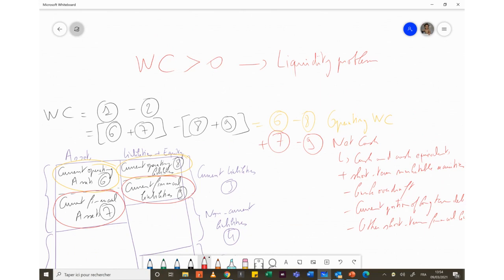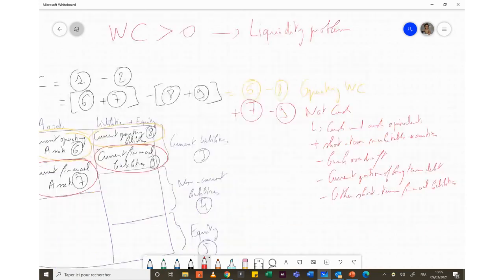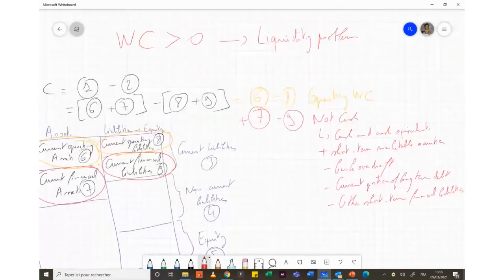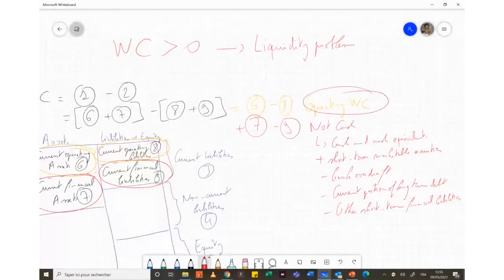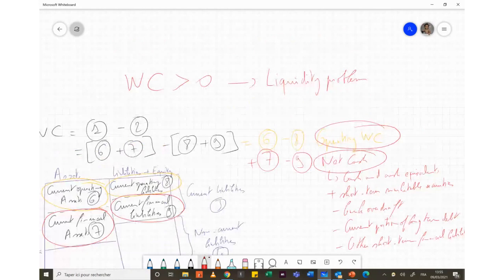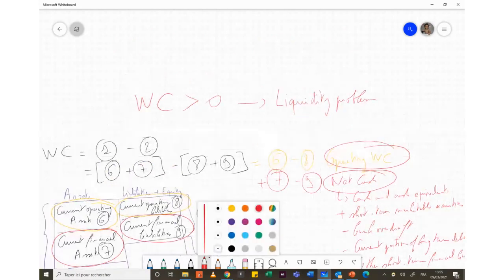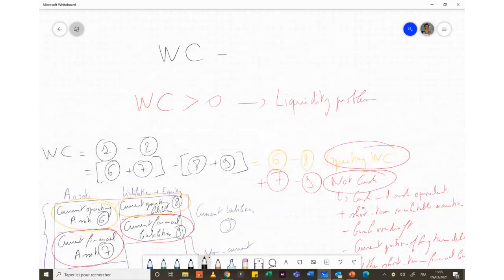The problem with the working capital is that you don't see if you have a huge operating working capital or a huge net cash. So in the working capital, we have the working capital requirement, or operating working capital, plus the net cash.